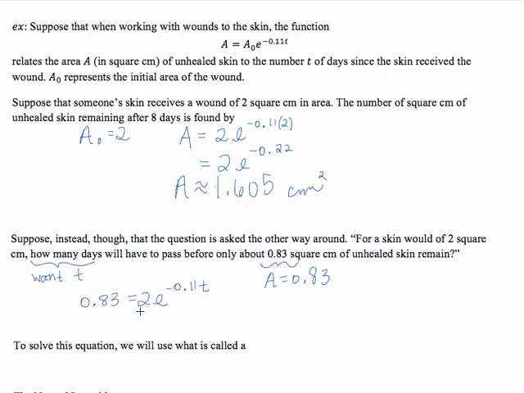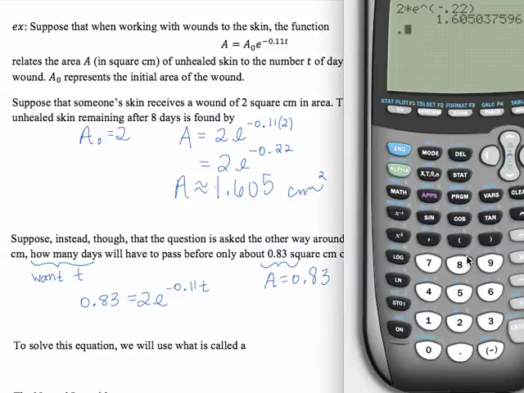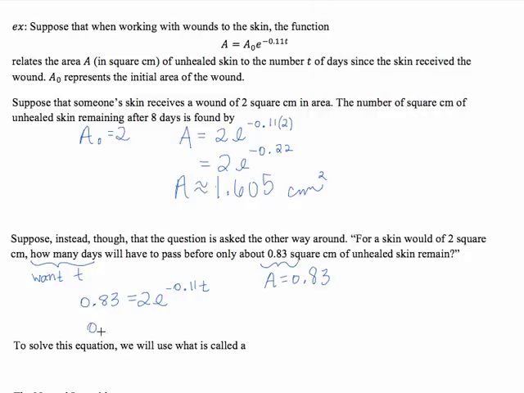Well, you could make a little bit of progress just by dividing by 2. So we can say 0.83 divided by 2 is 0.415. So 0.415 equals e to the negative 0.11t.